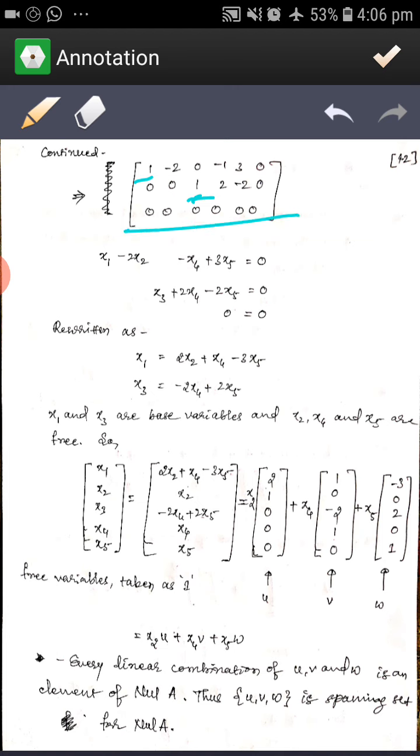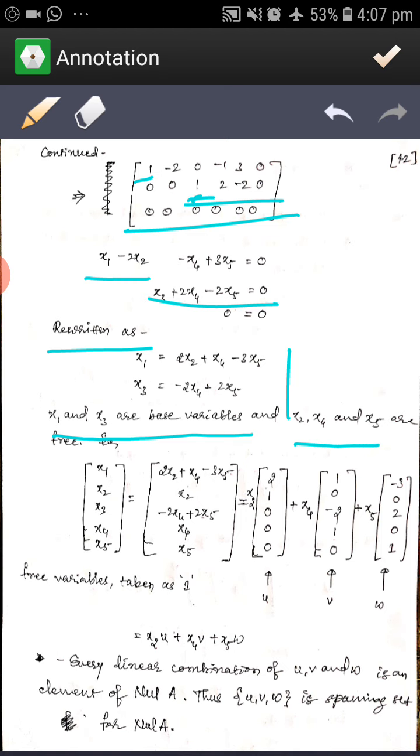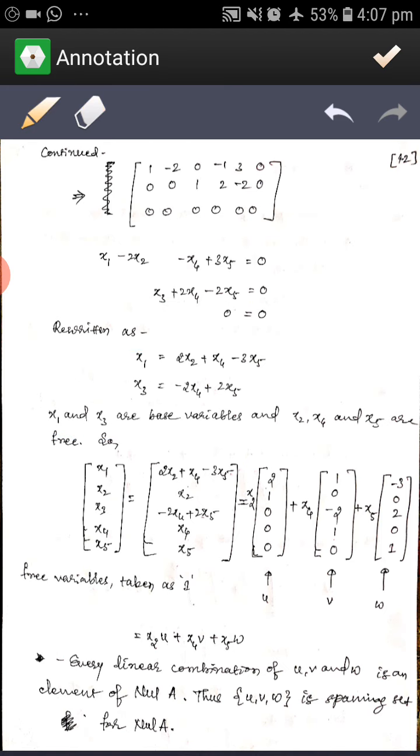The last row is 0. If you write the equations here, x1 minus x2 plus x3 is 0, and x3 plus x4 minus 3x5 is equal to 0, and this is the second equation. If rewritten like this, we can see x1 and x3 are base variables, and x2, x4 and x5 have no pivot columns.